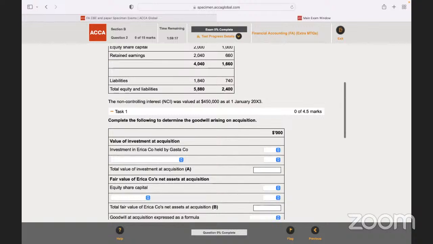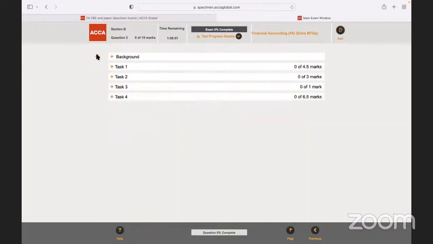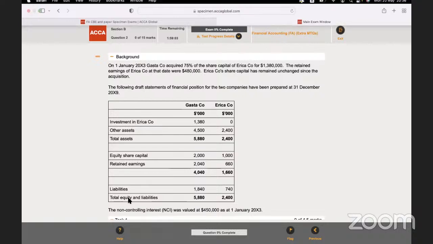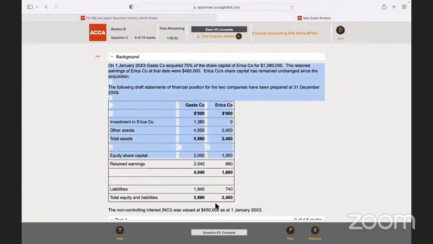Calculation of goodwill. So this is what we did last class. I'm seeing how I can show the whole thing for you. This one, we can't minimize now. Let's see whether I can copy paste this question to another window.